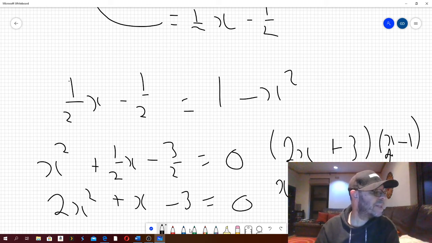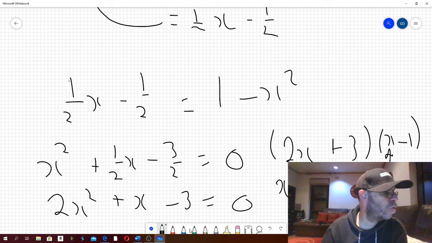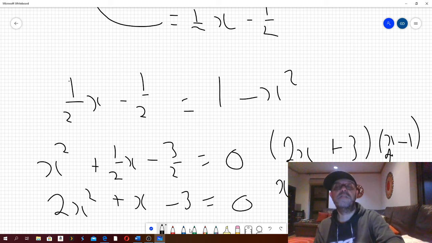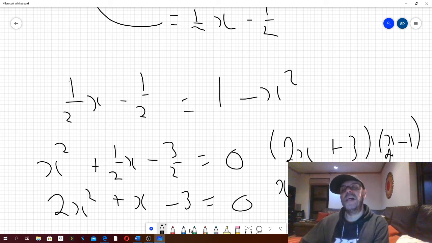So once I factorize that, then I can solve for that, and the coordinate for that point will therefore be, if I put x is minus 3 over 2 into one of the graphs, okay, I can put it into 1 minus x squared. Well, if minus 3 over 2 is the x, that means x squared is 9 over 4, but it becomes minus because of the minus outside.